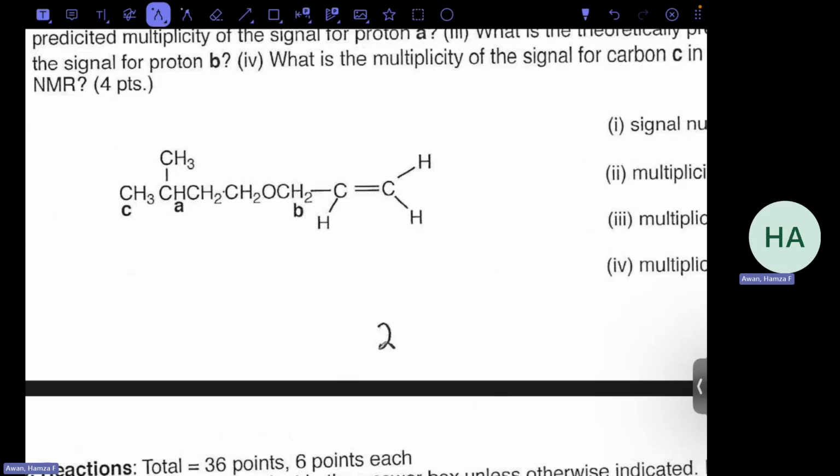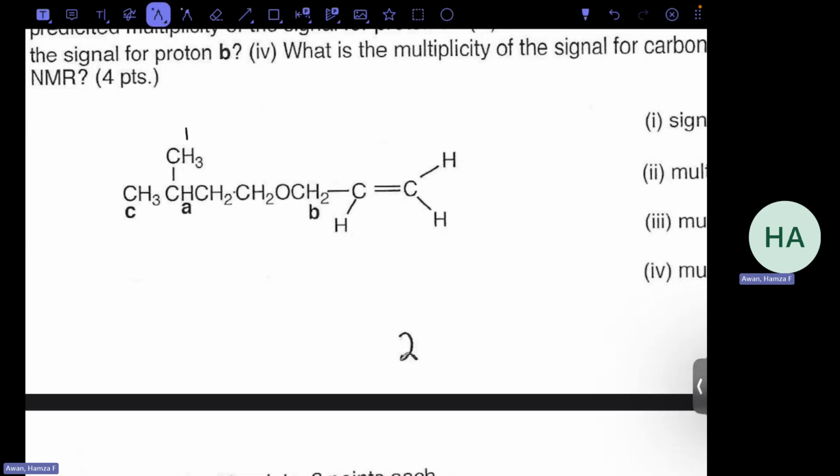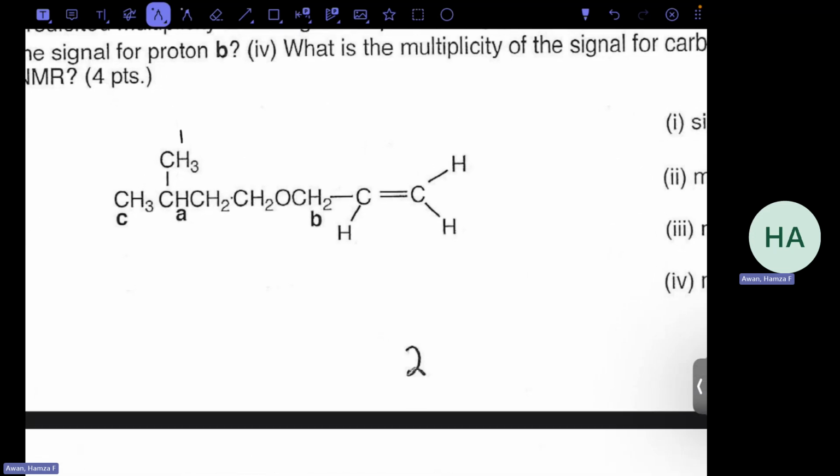So if we look at this, let's start from the left side. We have this CH3. We can call this hydrogen 1, right? But we have another CH3 attached to the same carbon. So even if we just put it like that instead of having it off to the side, if we were to flip this molecule over, both of those CH3s would be the same thing. So this CH3 is also going to be 1. So I'll draw that onto the left side.